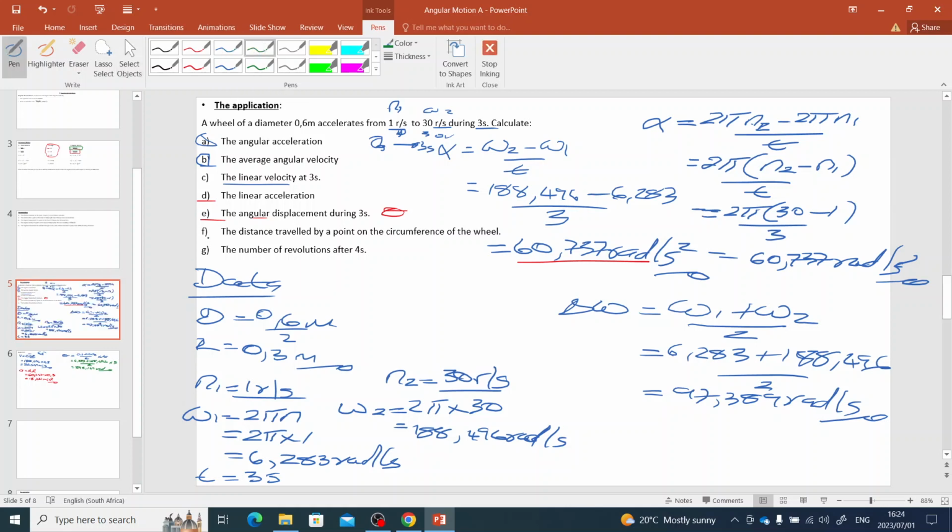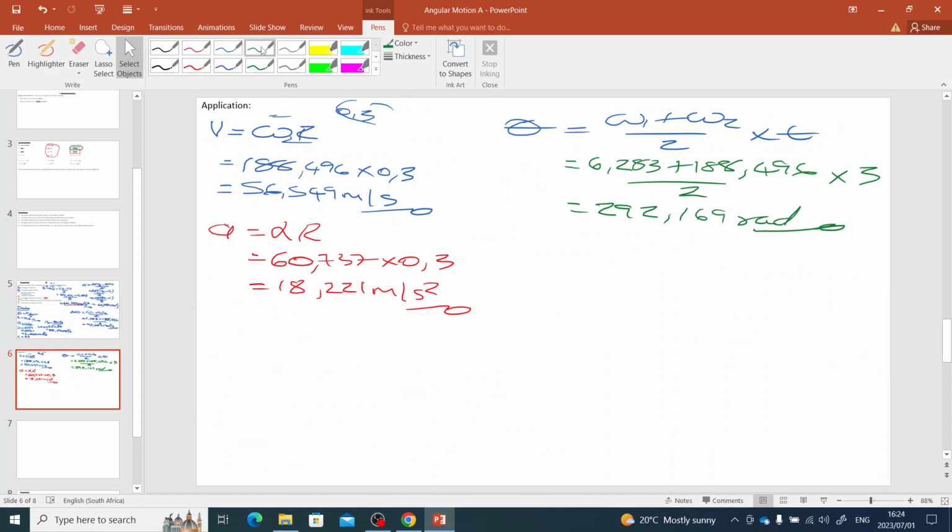Then number F. They want us to calculate the distance traveled by a point on the circumference of the wheel. Now in calculating the distance, we are going to use the formula S equals angular displacement multiplied by R. We do have the angular displacement.